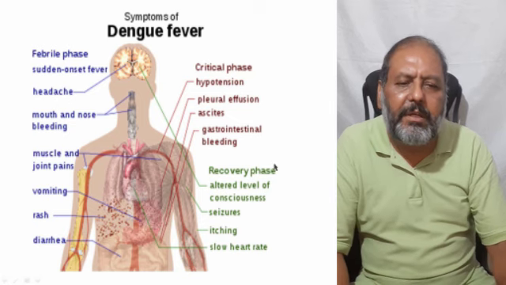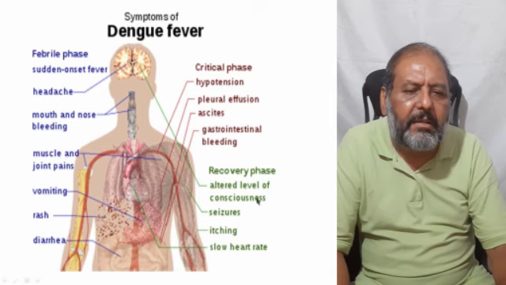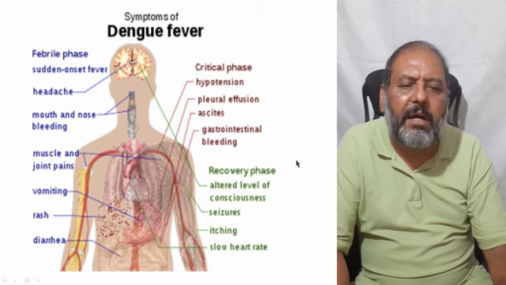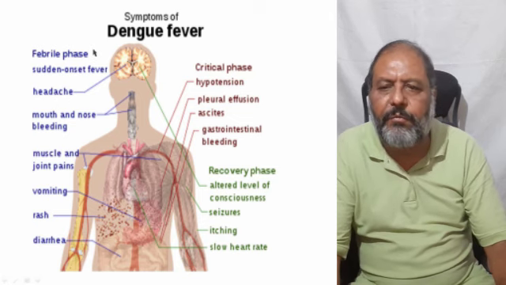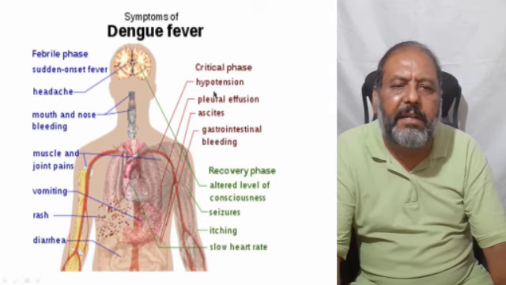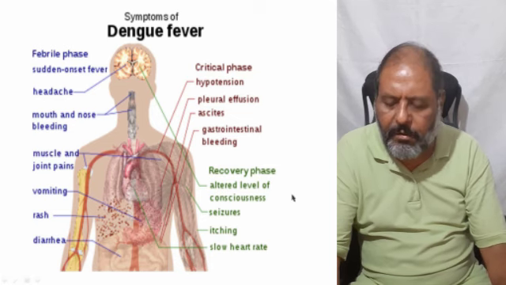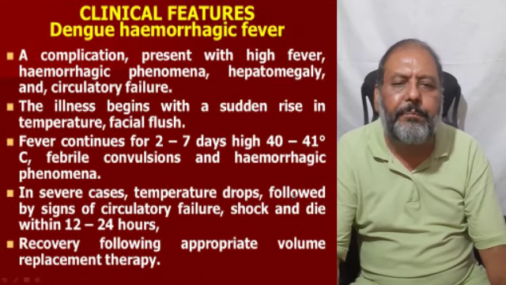Or there could be the chance of recovery phase. There is altered level of consciousness and seizure, itching, and slow heart rate. So that is the recovery phase. The first is febrile phase, then critical phase, and then the recovery phase of secondary infection.